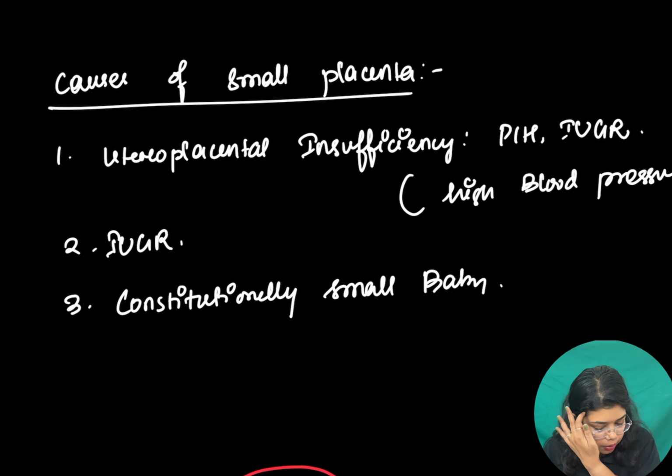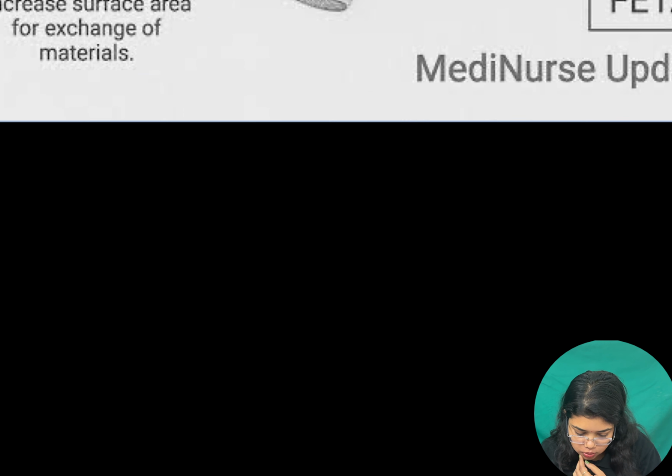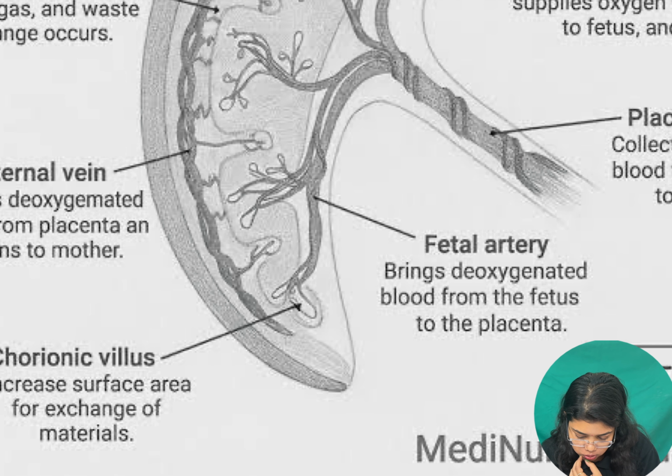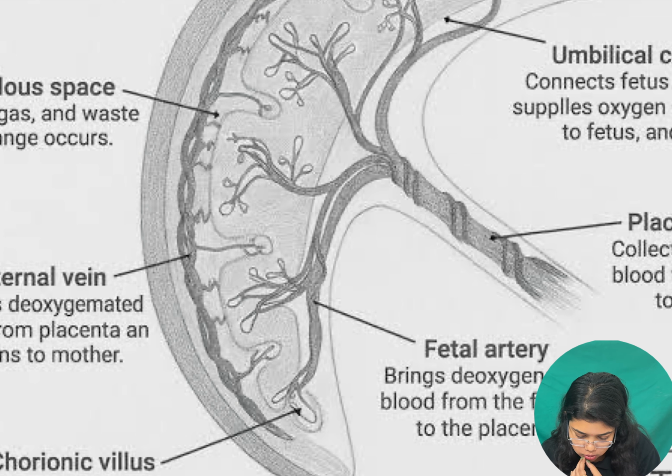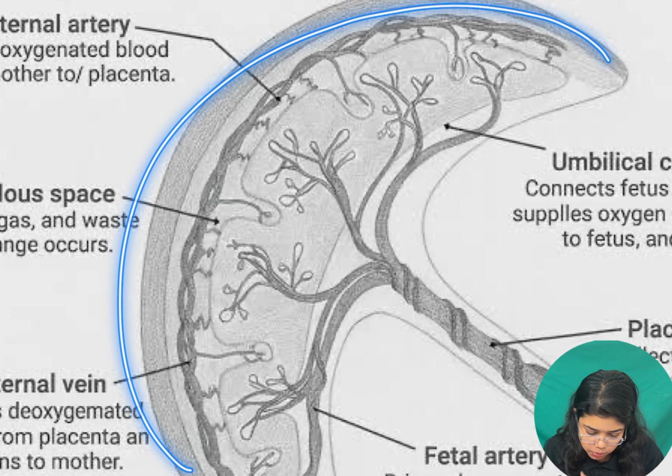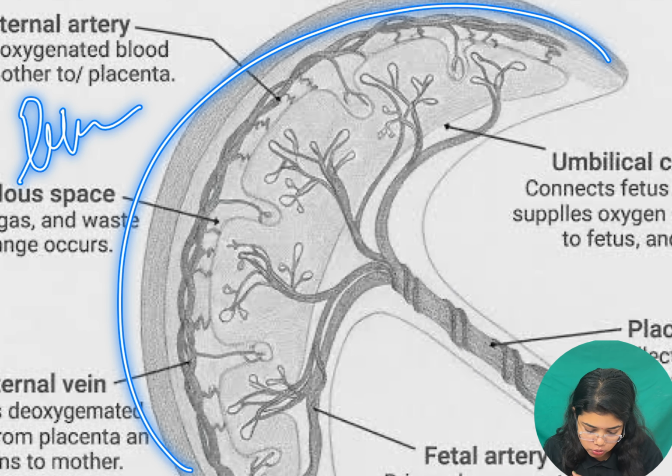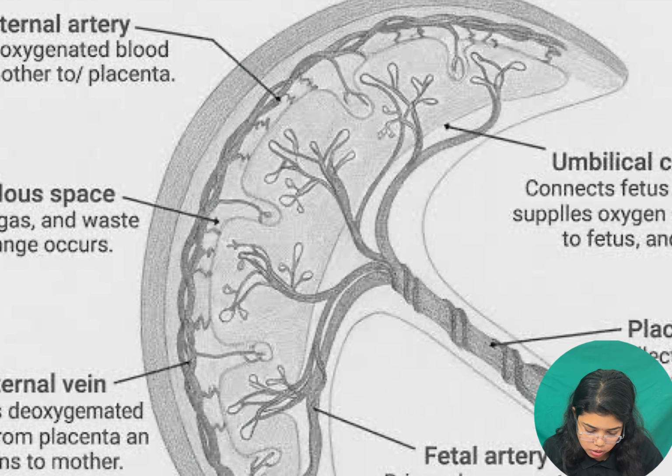I will show you the diagram here. This is the fetal surface, where the umbilical cord is attached. This is the maternal surface where it is attached to the uterus, or the endometrium. This is the maternal spiral artery, and this is the intervillous space, and these are the maternal arteries and veins.